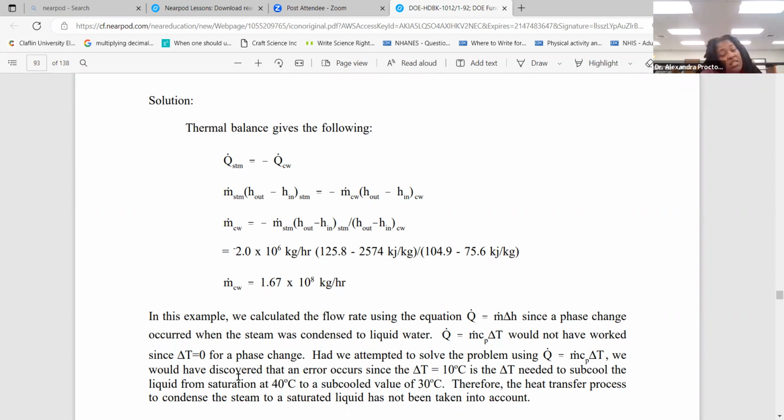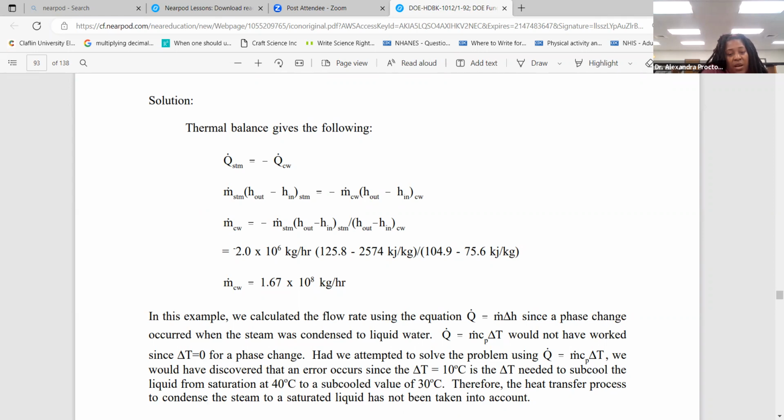So if they had attempted to solve the problem using Q is equal to MC delta T, they would have discovered errors, since delta T is equal to 10 degrees Celsius. That delta T is for subcooling a liquid from saturation at 40 degrees Celsius to a subcooled value of 30 degrees Celsius.